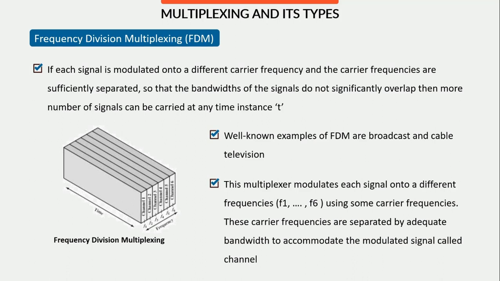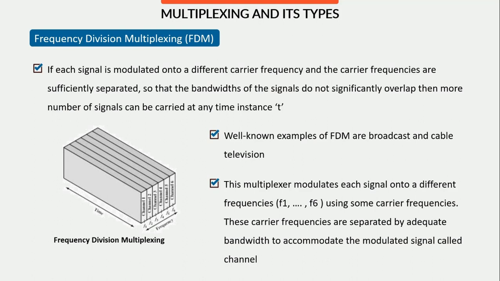These carrier frequencies are separated by adequate bandwidth to accommodate the modulated signal, called the channel. So a modulated signal is called a channel. These channels are separated by the guard band. What is a guard band? It is used to divide the channels so that they should not interfere with each other.